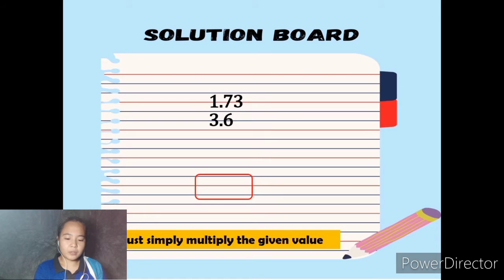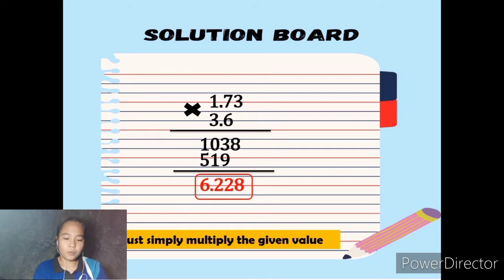Bakit yung point is nandun sa may tabi ng 6? Kasi yung dun sa pinag-multiply na number, which is yung 1.73 tsaka 3.6 ay mag-start tayo magbilang mula sa 6 hanggang dun sa after ng point dun sa 1 point. So, 1, 2, 3. Tatlo yan, diba? So, ganun din sa sagot. Mag-start tayo sa right.